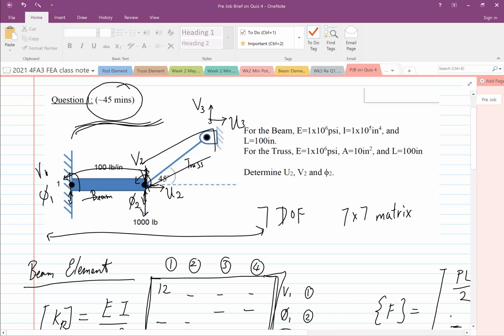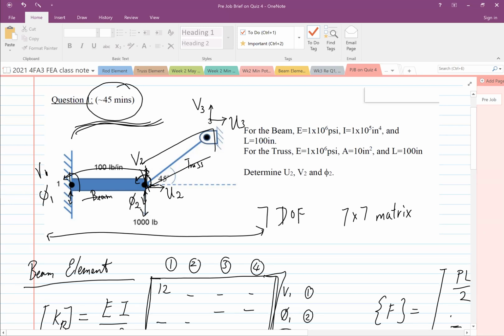It has 3 degrees of freedom. Node 1 only has 2 degrees of freedom because it's beam only. Node 2 has 3 degrees of freedom because 2 are contributed by beam elements and 2 degrees of freedom are contributed by truss elements.